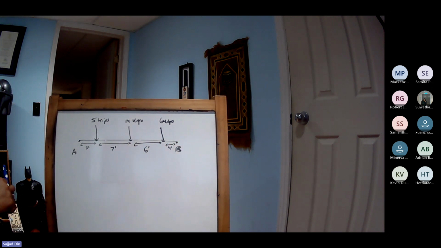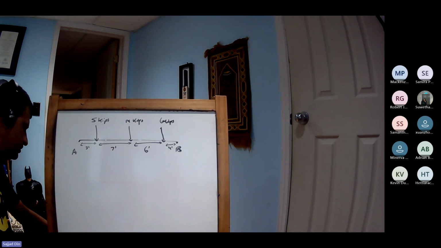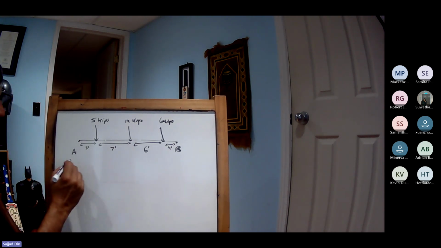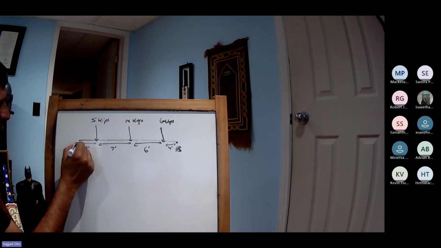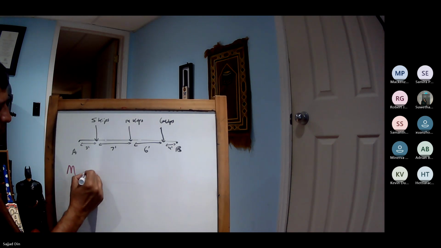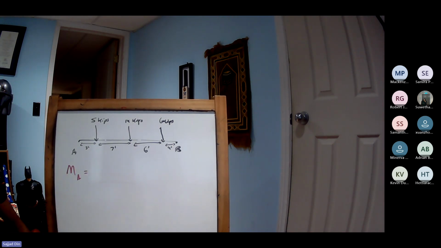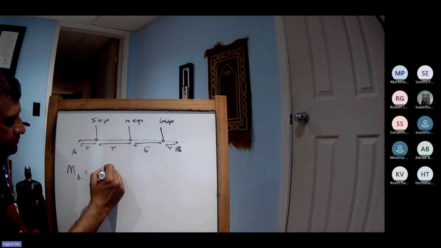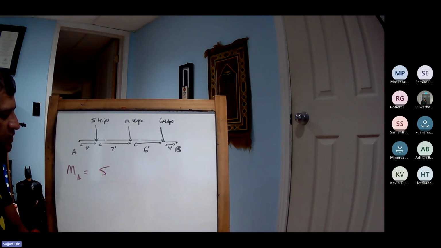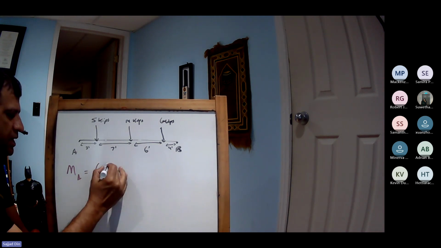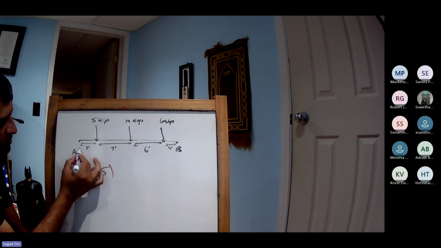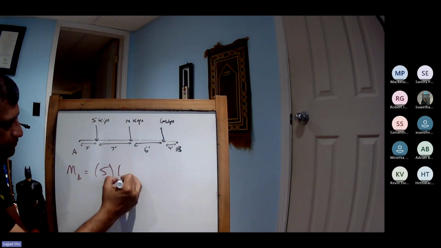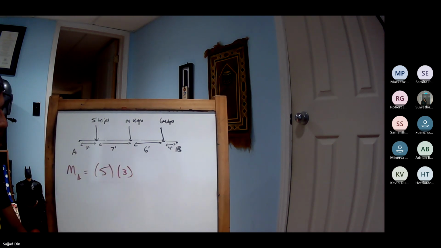So now I'm going to change the colors. We're calculating the moment around A. Remember, this is A. So for the first force, 5 kips multiplied by, what's the perpendicular distance? 3. Is it clockwise?